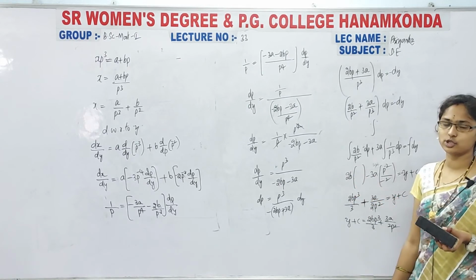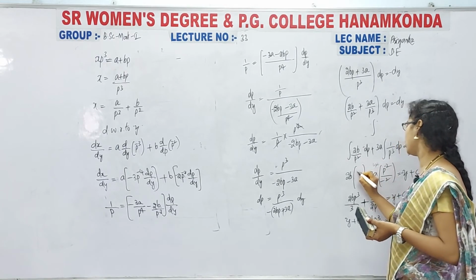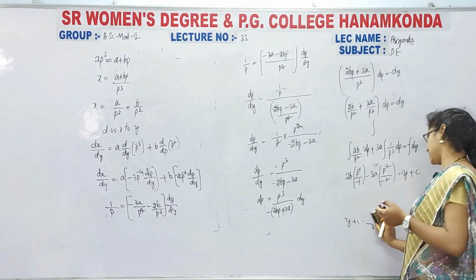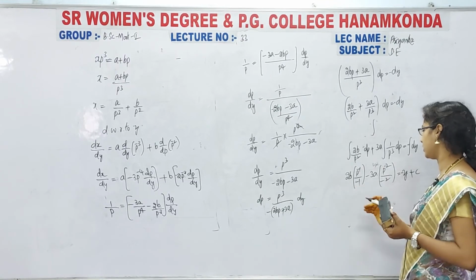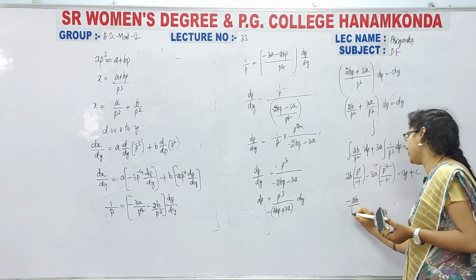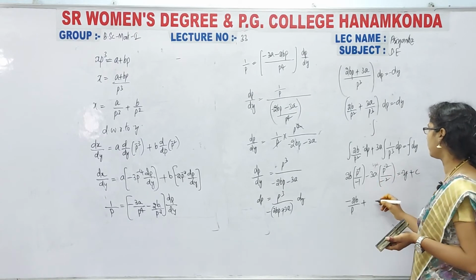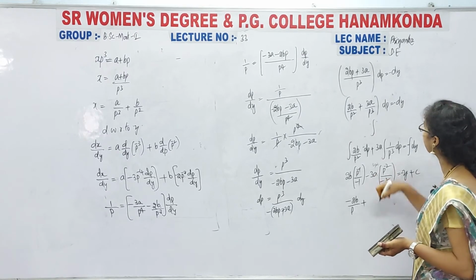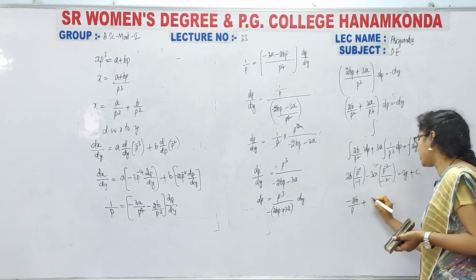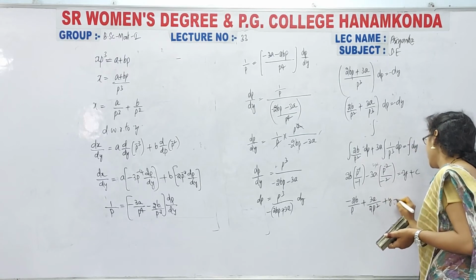Here what we get, integration of p power minus 2 plus 1 minus 1. So p power minus 1 by minus 1. So finally same answer, but with this term will be different. And here minus 2b by p plus, so now here what we get, p power minus 3 plus 1, so minus into minus plus, 3a by 2p square plus y equal to c.